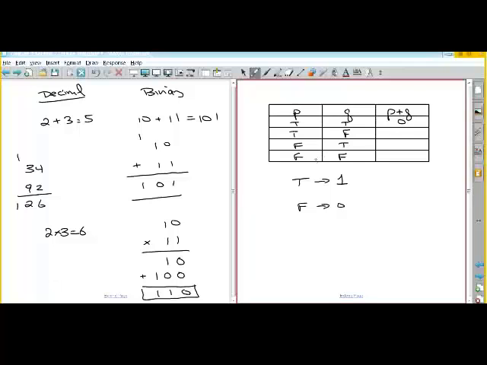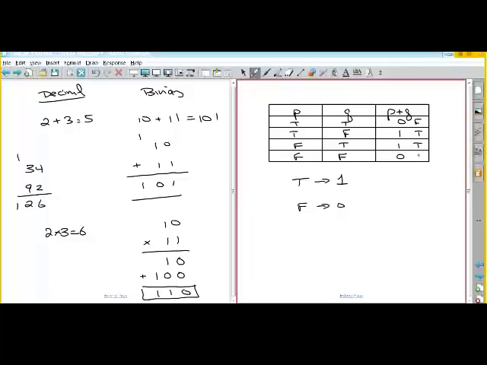When they're both 1, you get a 0 result. When one's true and the other's false, 1 plus 0 is 1, you get a 1 result. If one is 0 and the other one is 1, you add those together, you get 1. And if they're both 0, the answer is 0. So it's this truth table.